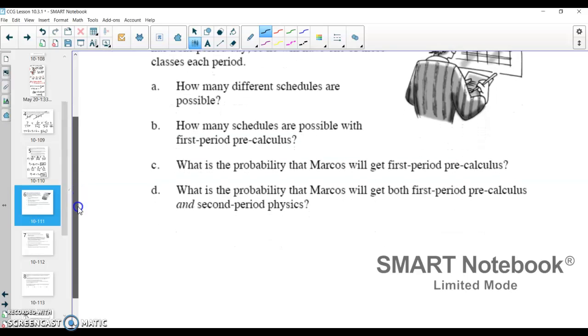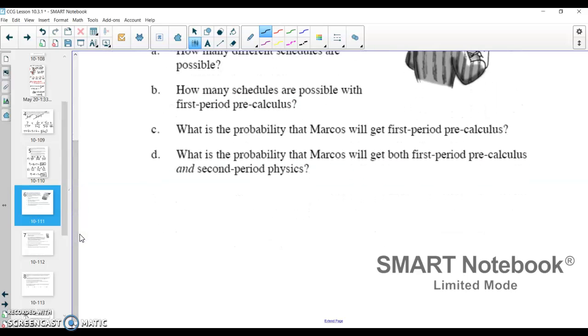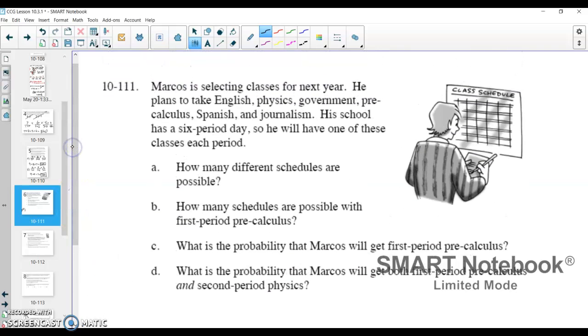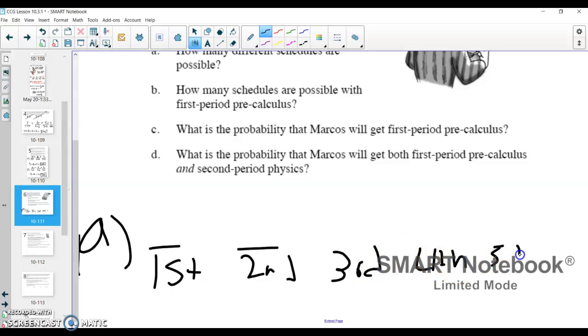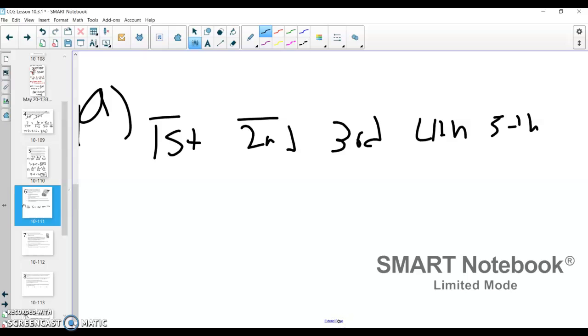Okay? So if we're looking at A, we have 6 decisions to make, right? We have 6 periods, and each one of those periods is going to have 6 choices for what class. And so the decisions we're making here, we have 1st, 2nd, 3rd, 4th, 5th, and 6th.